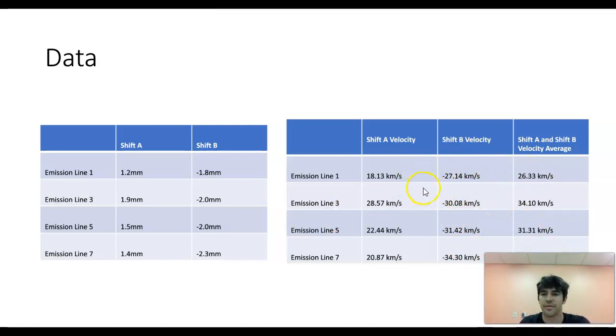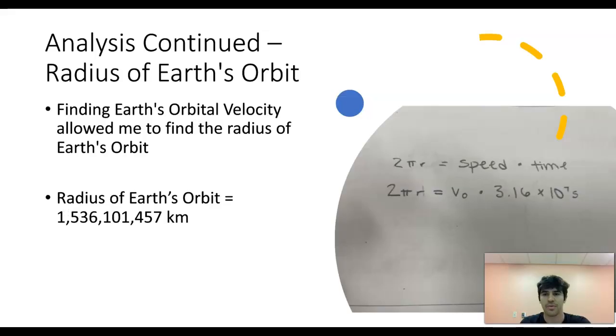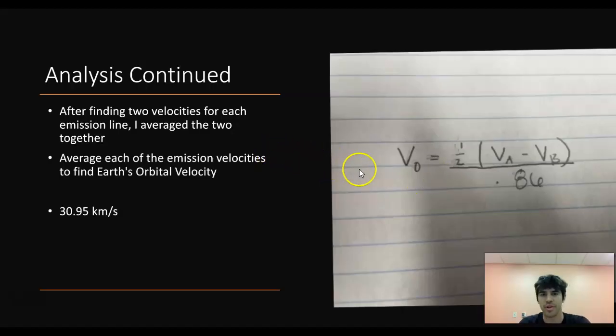Now you may think to yourself, why are those numbers positive if you're just taking the average? Because wouldn't that be negative? Well, yes, if I was just adding them together and dividing by 2, but I had to use a special equation shown here. This equation is a special equation to find the velocities together. So I took 1/2 times the velocity of A minus the velocity of B, which a minus a negative number makes it a positive.